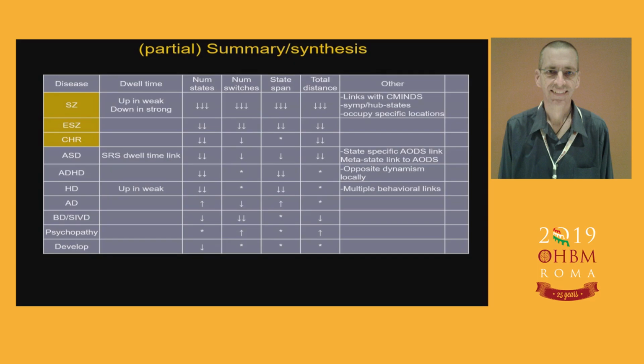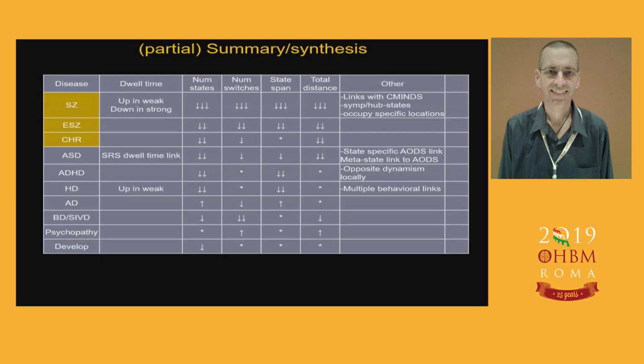So here, we're starting to try to synthesize across all of these results and really understand whether it's giving us specific information or general information. You'll notice that across the board here, we're seeing a lot of decreases regardless of which illness we're looking at. But the patterns tend to differ in their magnitude and directionality.